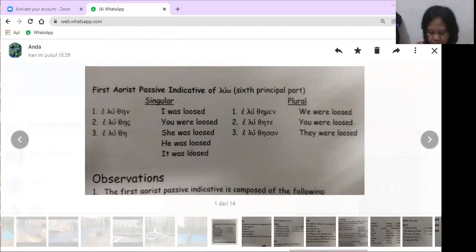Okay, in this meeting I will explain how we learn the aorist passive indicative and the future passive indicative. And we also make theta and eta.